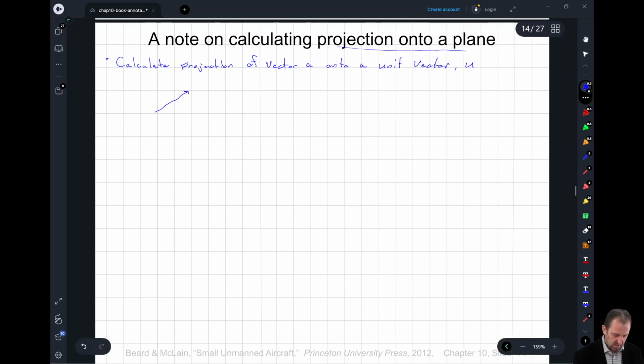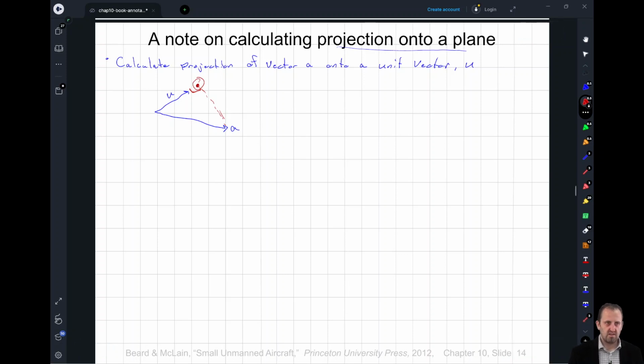So we have a unit vector u, we have a vector A, and we want to project and find this point, this vector that I've written in red. Note here that it's along the direction of u, but it's going to have a different magnitude. It's not necessarily going to be a unit magnitude.